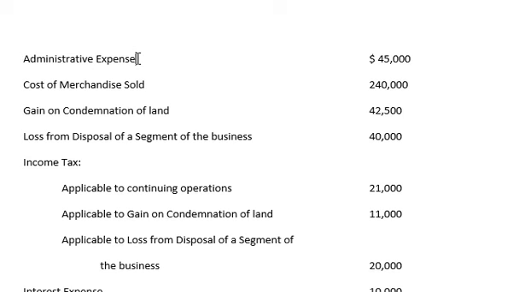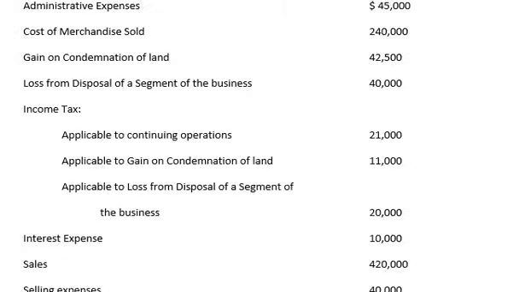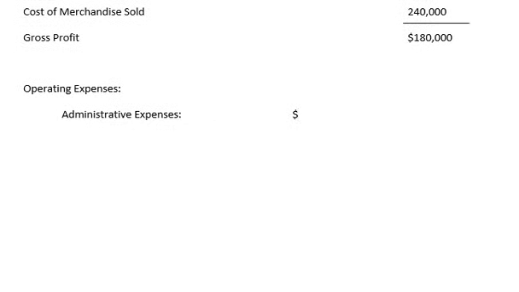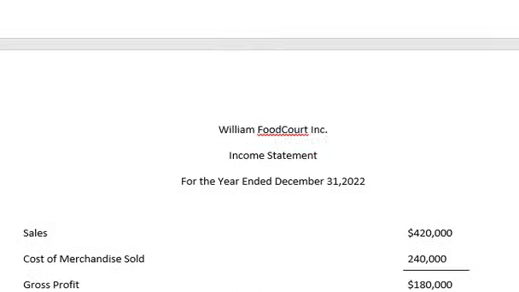In this situation, I will write administrative expense first, and this one is 45,000. Selling expense is 40,000.